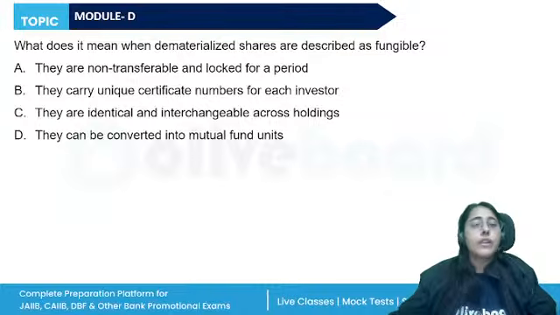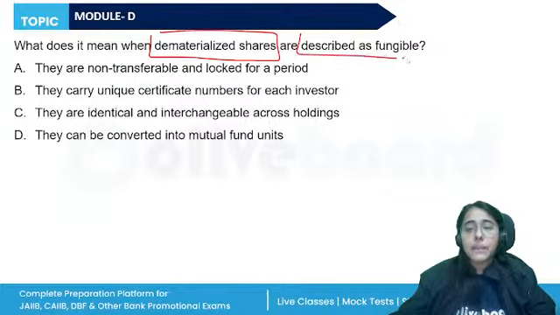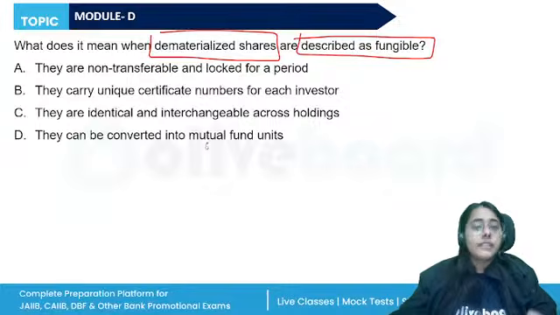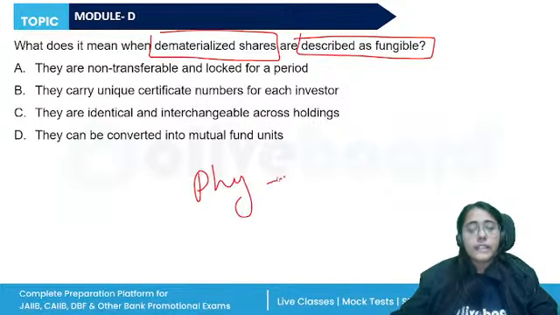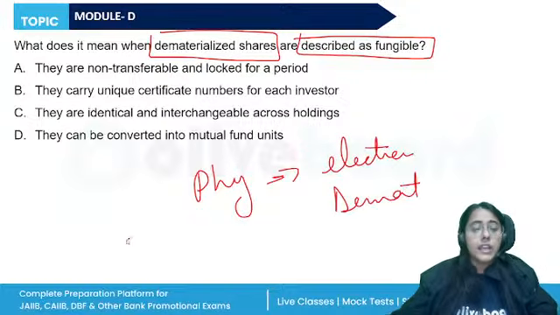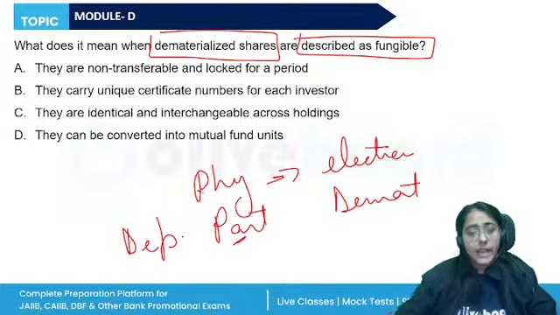Okay. What does it mean when dematerialized shares are described as fungible? What is the meaning of dematerialization? When the physical securities are converted into the electronic form and they are kept in the demat accounts. The depository participants, banks are the depository participants, right?